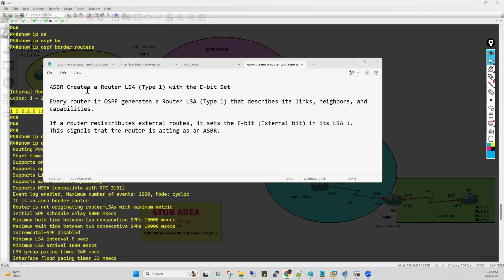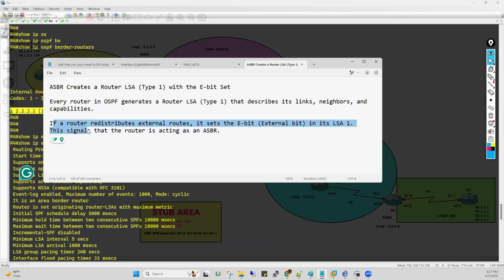ASBR creates a router LSA with the E-bit set. Every router in OSPF generates a router LSA that describes its links, neighbors, and capabilities. If a router redistributes external routes, it sets the E-bit, the external bit, in its LSA number 1.